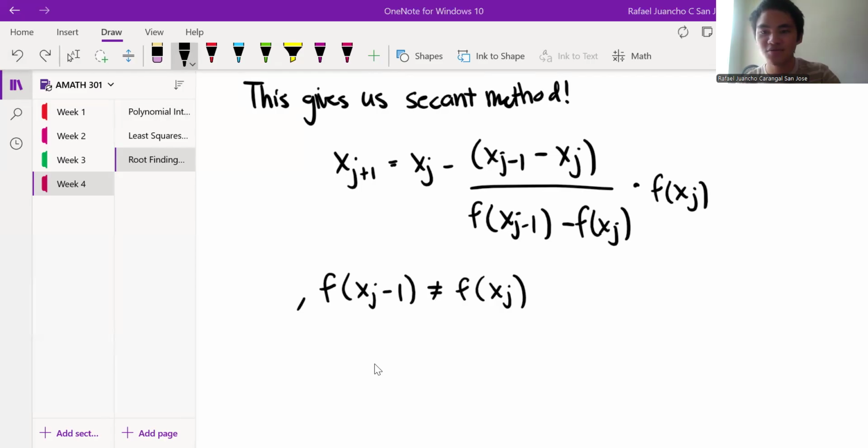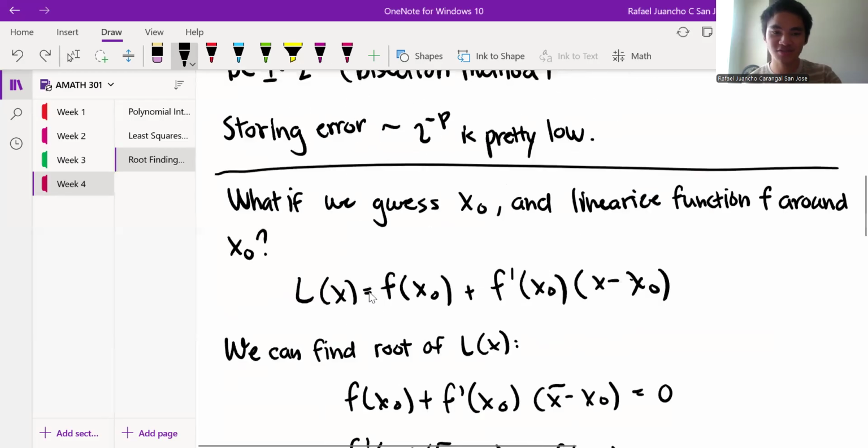And yeah, those are the three methods for finding roots. I'm thinking of doing a Python version of this, just to see how we can find roots. But I hope you guys enjoyed and learned a lot.